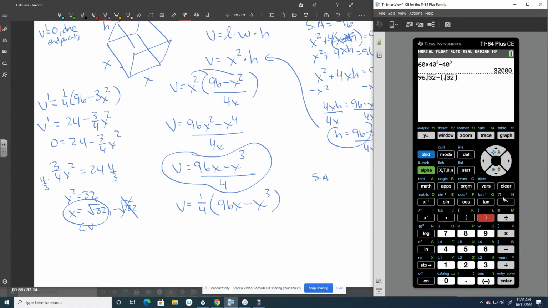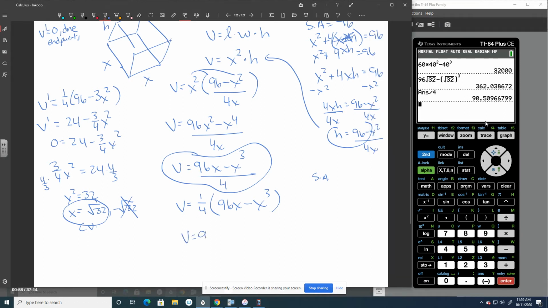Root 32 cubed. I'm going to hit enter, and then I'm going to divide that by 4. And I get a volume of 90.509. So if this was the AP test, if I round to 3 decimal places, that's going to become 90.510. 90.510 is my maximum volume.